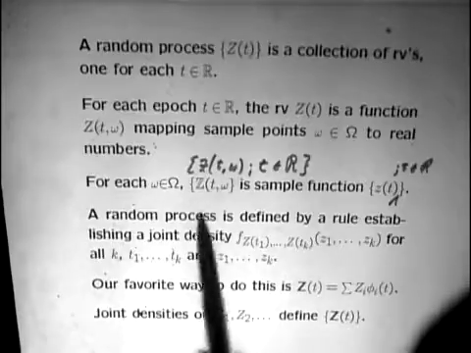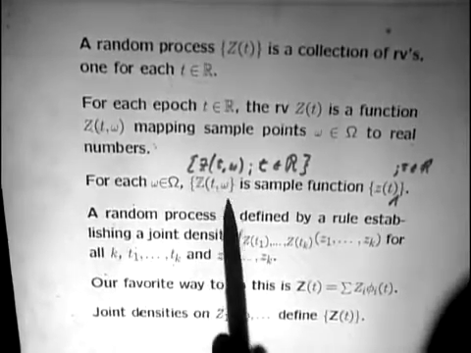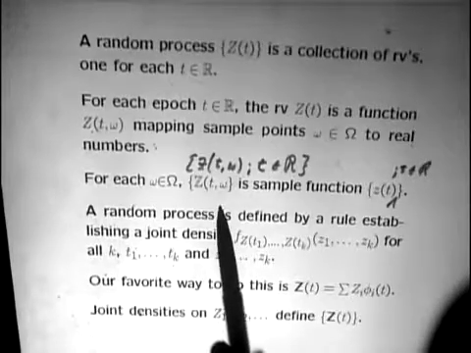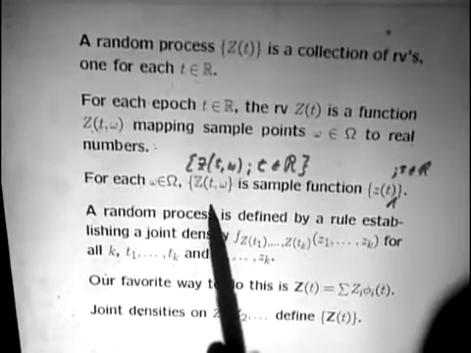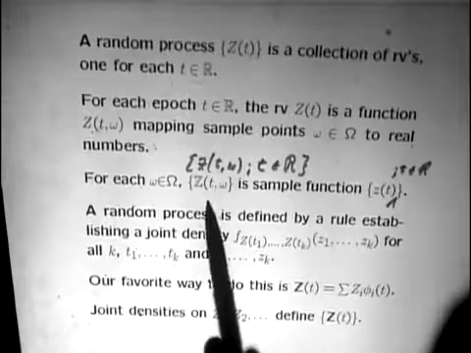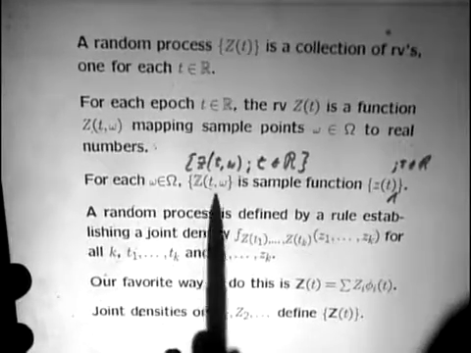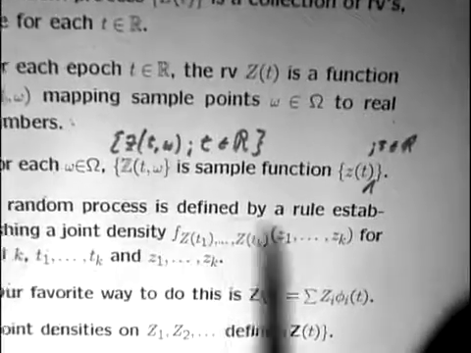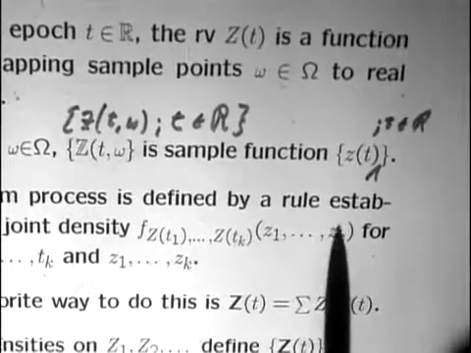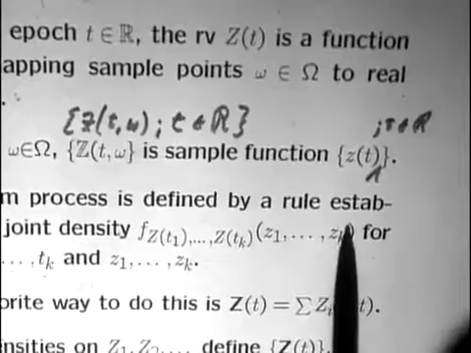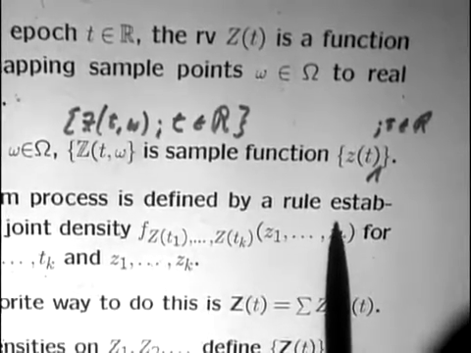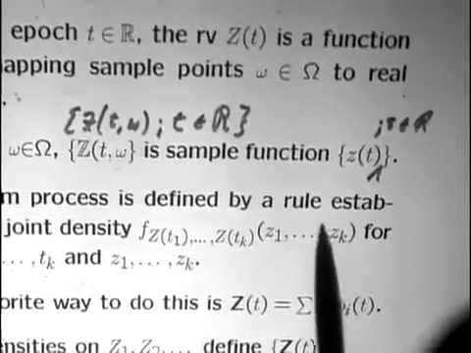So if I look at this as a function of two variables, one is time and one is this random collection of things we can't see. If I hold omega fixed, this thing becomes a function of time. And in fact, it's a sample function. It's the sample function corresponding to that particular element in the sample space. And don't try to ask what the sample space is.